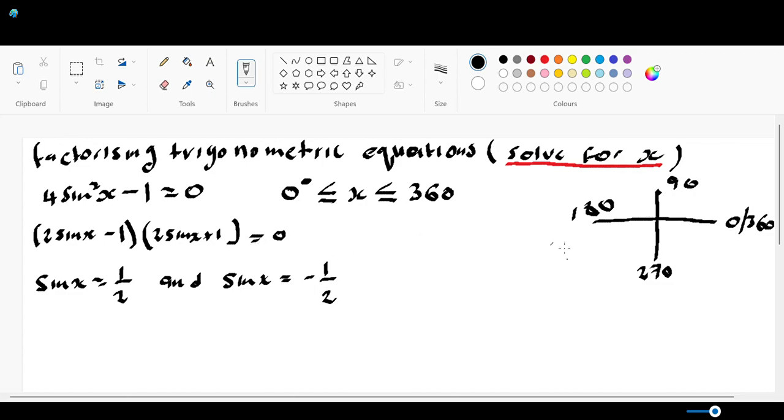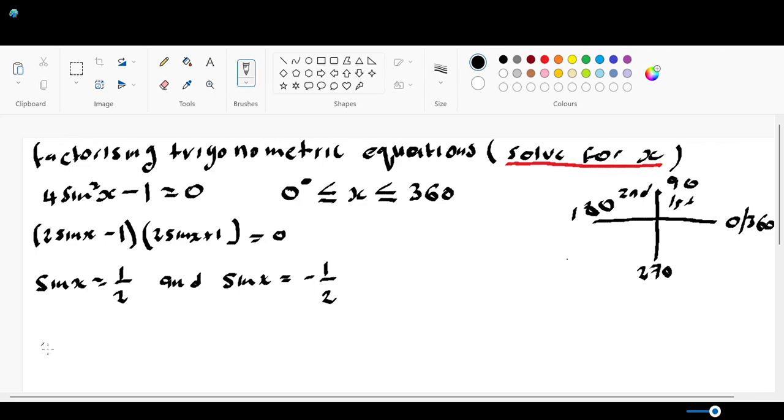So when you go back to our CAST diagram, sine is positive in the first and the second quadrant. We know that sine is positive, guys, right? So hence for the first one there, whereby sine is equal to half, that's where we're going to get our answers.